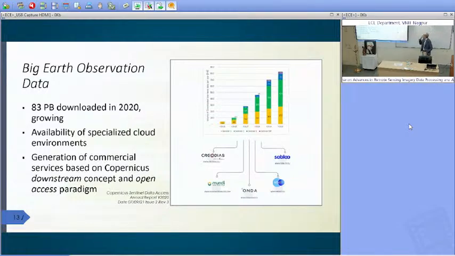What you see here is the graph of how much data was downloaded from the Copernicus portal in the years between 2015 and 2020. And you see the substantial growth of data that was observed from that point on. So to mean that the abundance of data that has been made available has favored the growth of applications based on it.